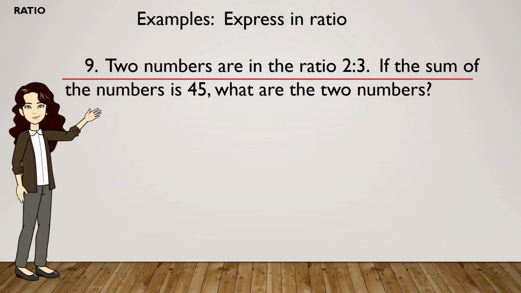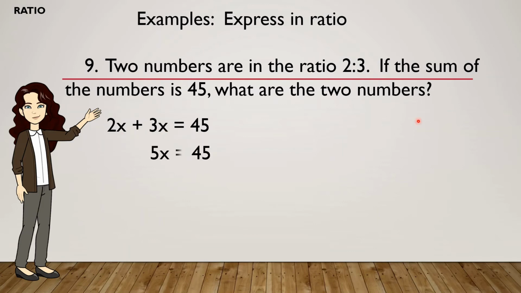Okay, how about number 9? Our given is two numbers are in the ratio 2 is to 3. If the sum of the numbers is 45, what are the two numbers? When we add, the sum is 45. First, your ratio becomes 2x plus 3x, which is equal to 45.